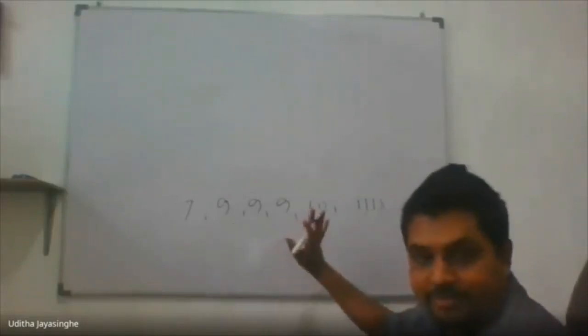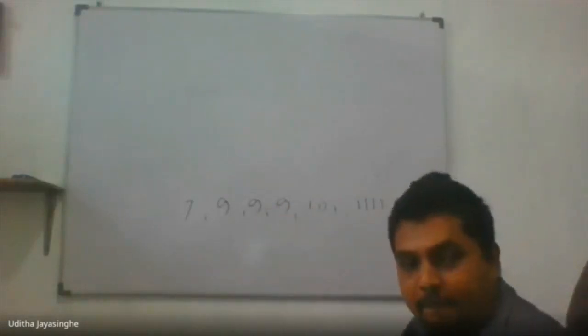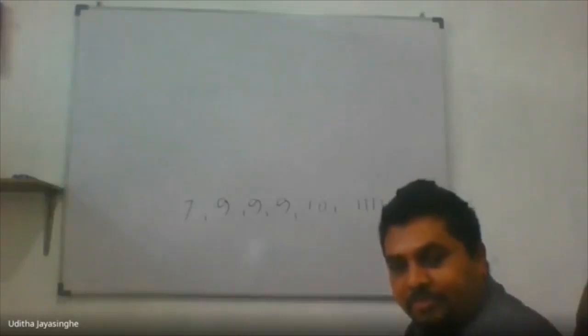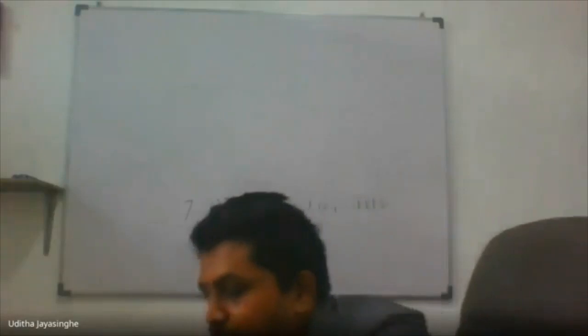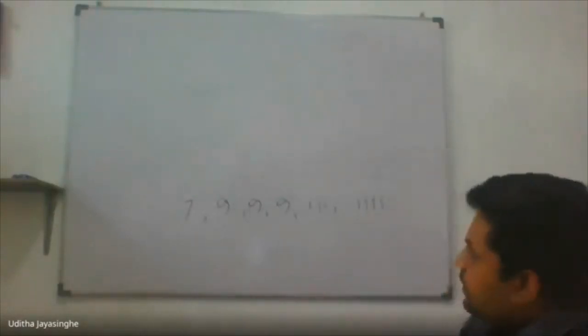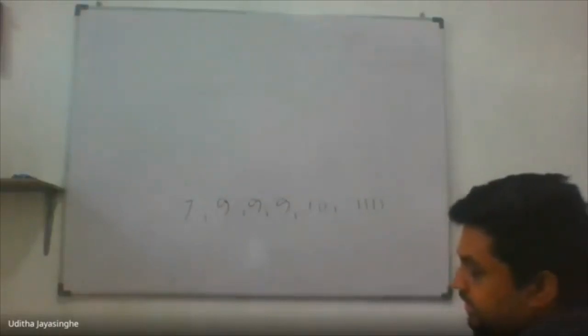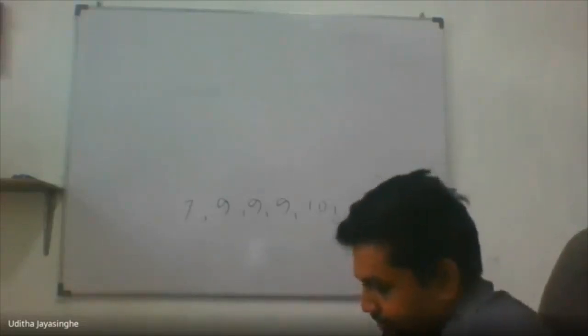Mode, fine. Median, fine. 9. What about mean? When you do the math, when you use sigma, I'll show you what the mean is going to be. You have to add 7, 9, 9, 9, 10, and 1111. I hope you have a calculator in your position.